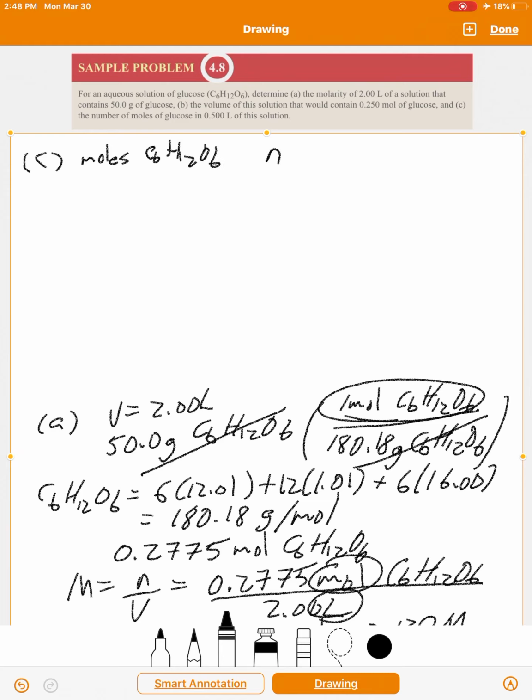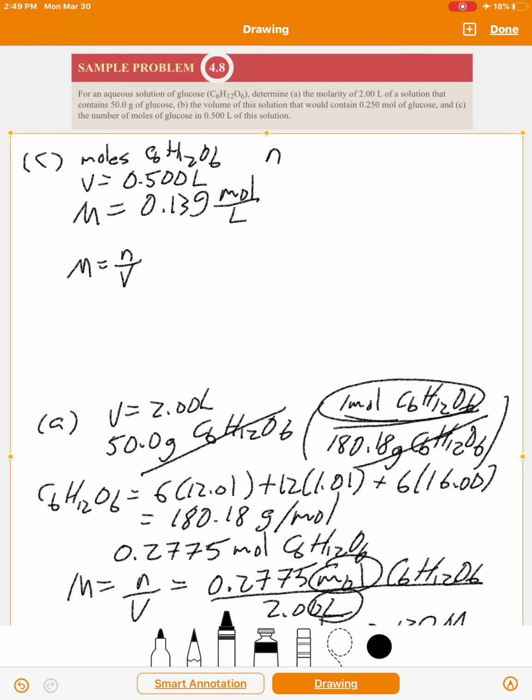That's n, if we have a volume of 0.5 liters. So implicit in that is that we're using the same solution, 0.139 moles per liter. So let's come back to this little equation. Capital M is very useful, n over V. M equals n over V.